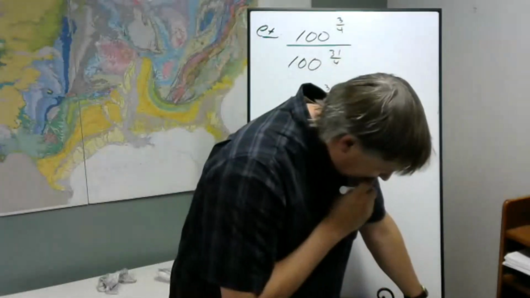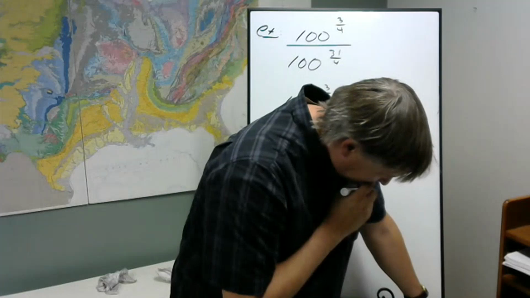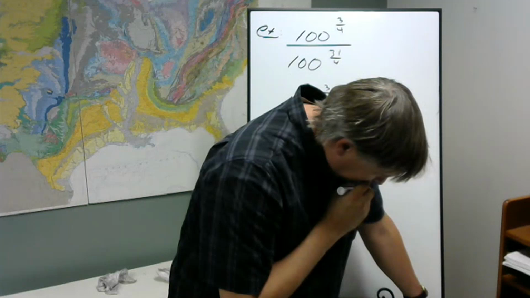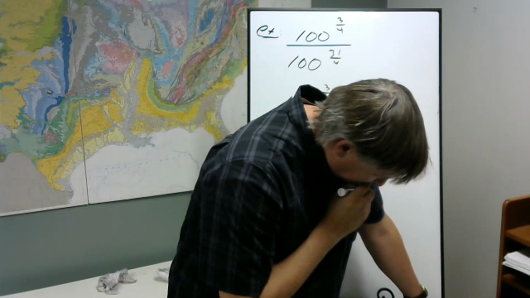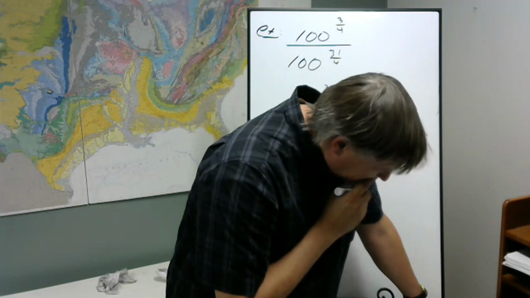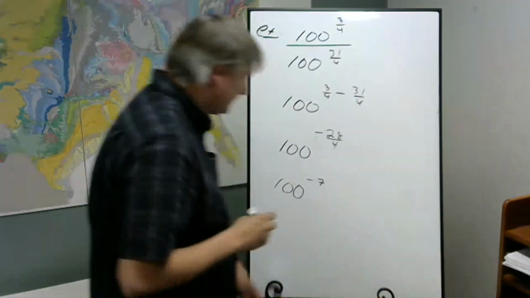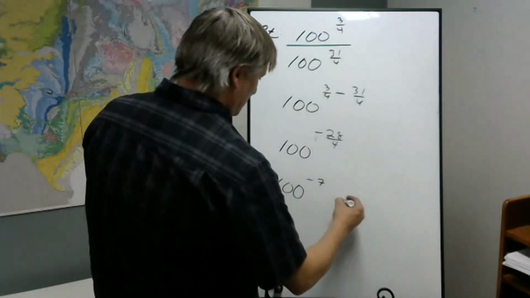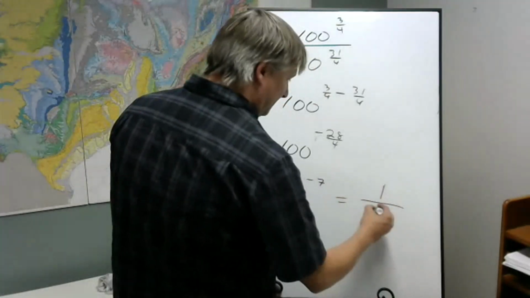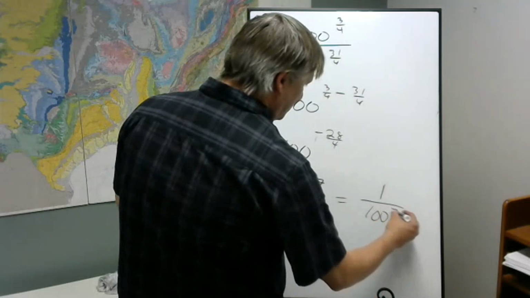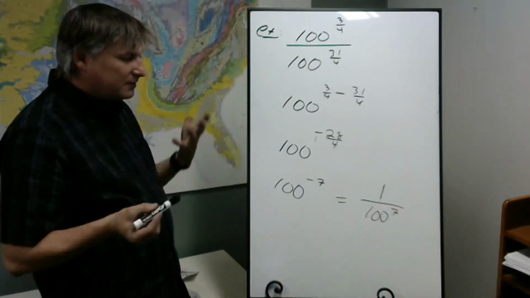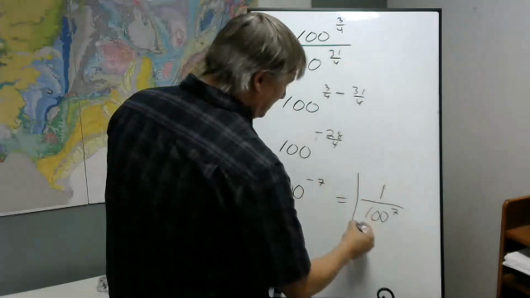Let me double check something. All right. So what that's going to give us is 1 over, we've got to flip it, 100 to the 7th. Now 100 to the 7th is going to be quite a number, so I'm just going to leave it like this.